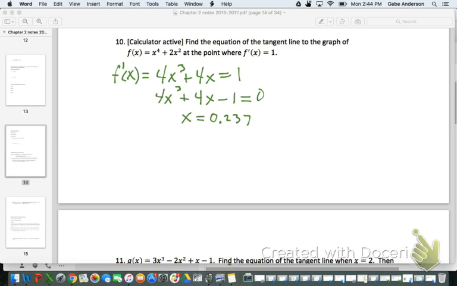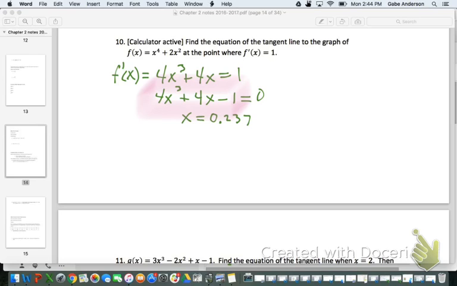Would y be 0? Hey guys, Tiffany just asked a really good question. She said, would y be 0 for that point? So, Tiffany, listen. Like we just graphed this right here, this is not the curve, right? That is the slope of the tangent line set equal to 1.